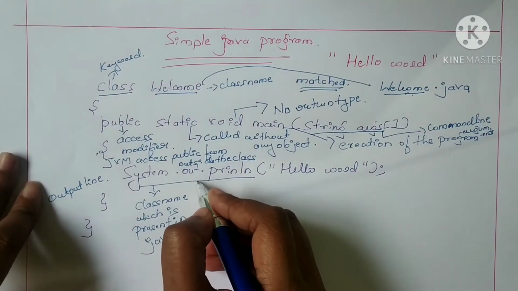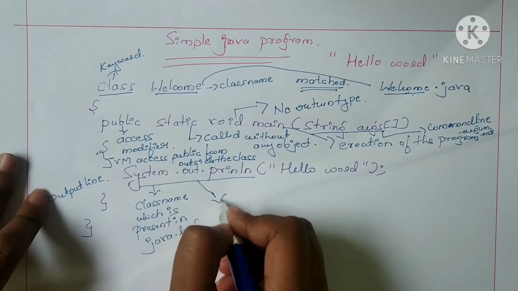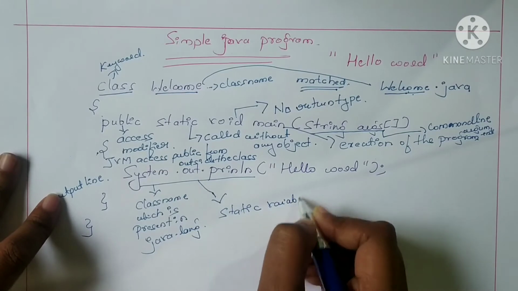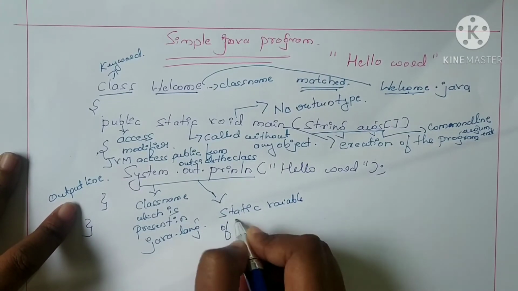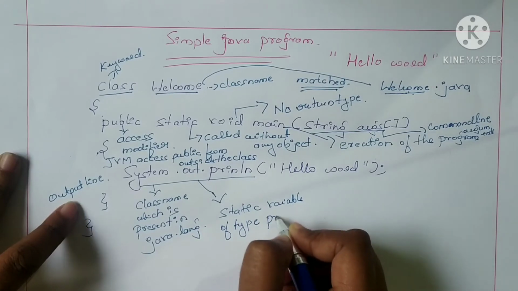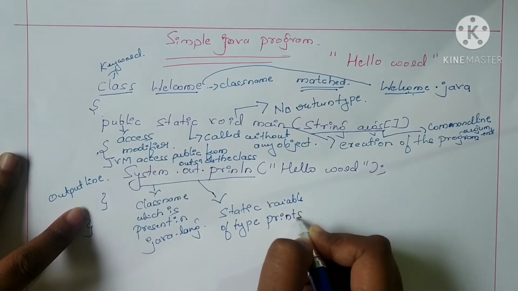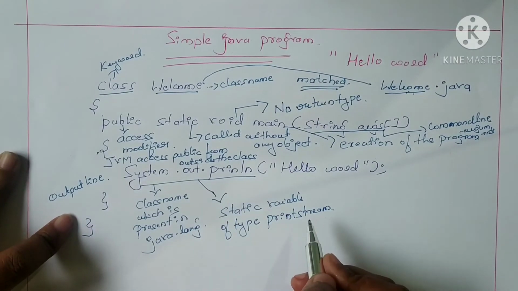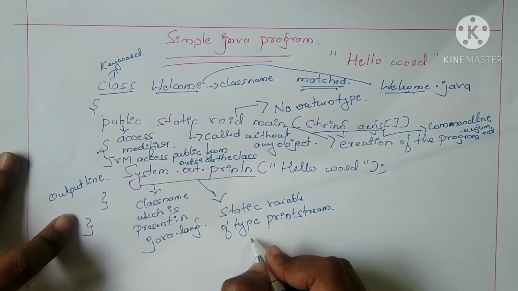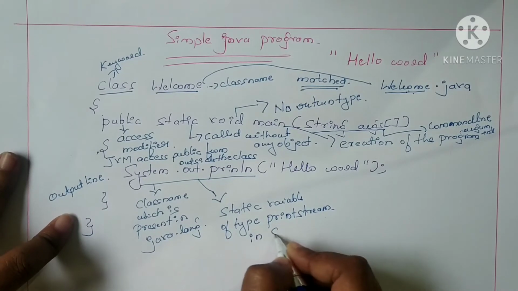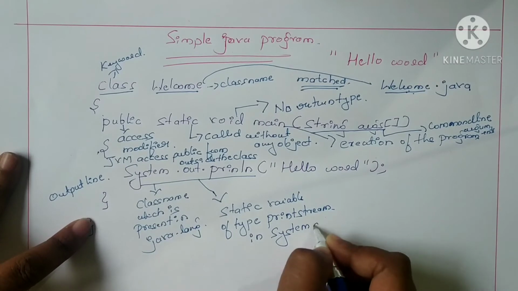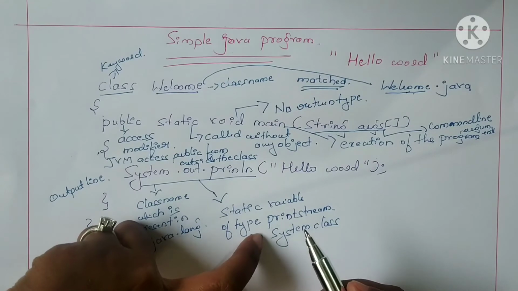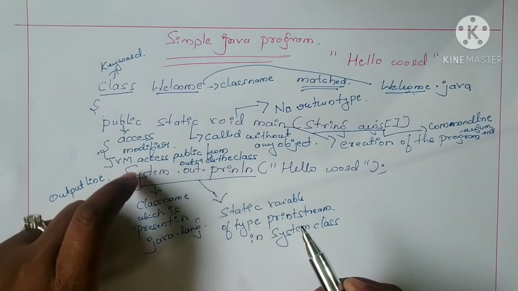Then next is out. Out is a static variable of type PrintStream which is present in the System class.